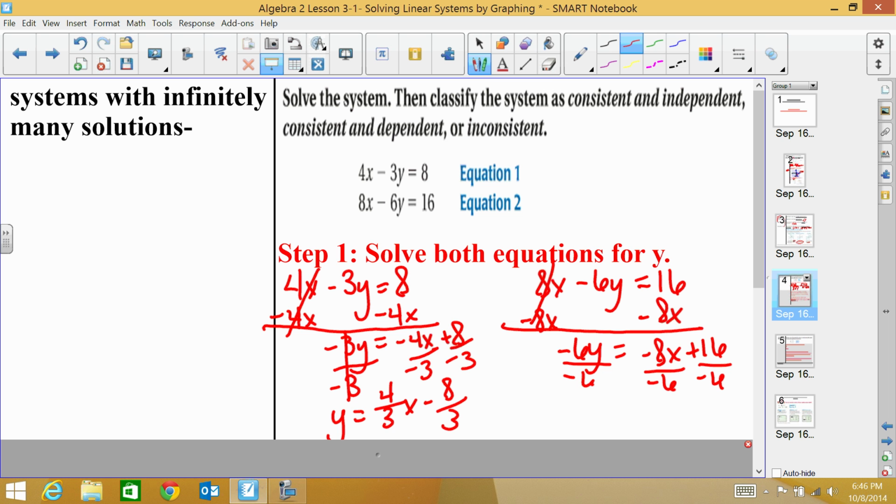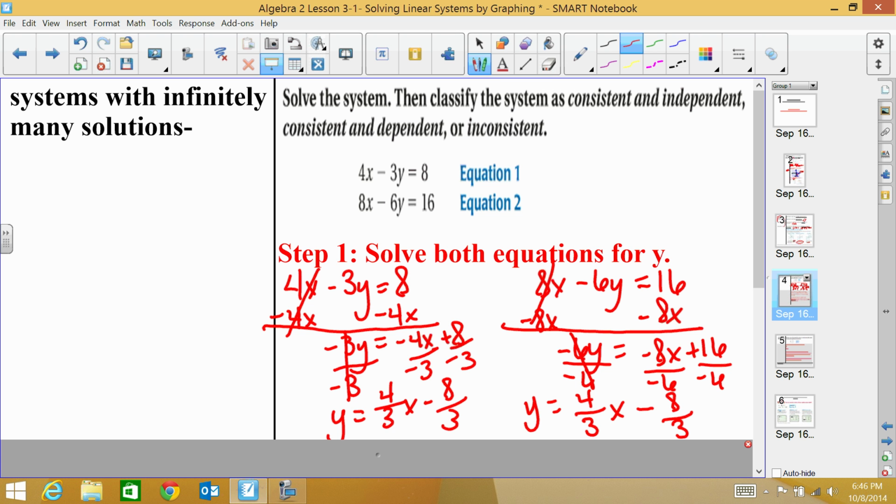And I want to make sure that I can reduce my fractions if possible. So I would get y equals, this would turn positive, and 8 over 6, I can divide both of those by 2. So this would be 4 thirds x. And then 16 over negative 6, that's going to be a negative number. And I can divide both of these by 2, so that would be 8 thirds.